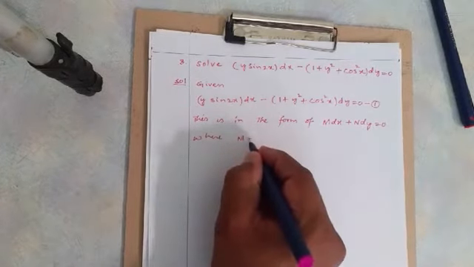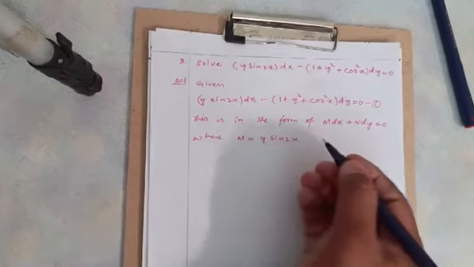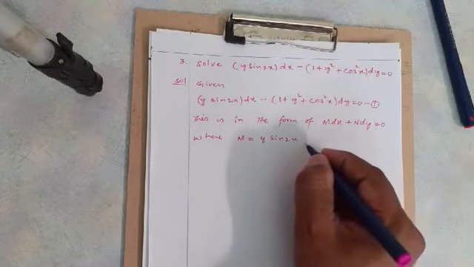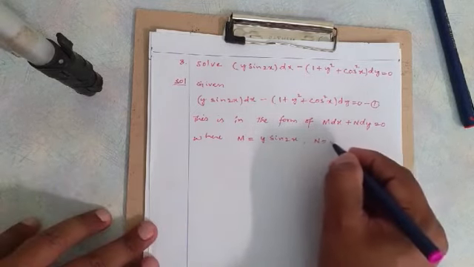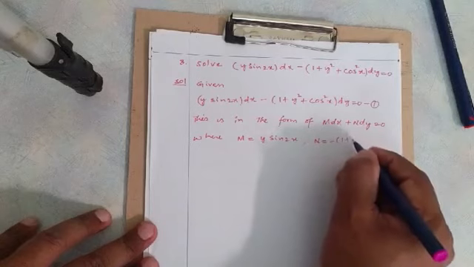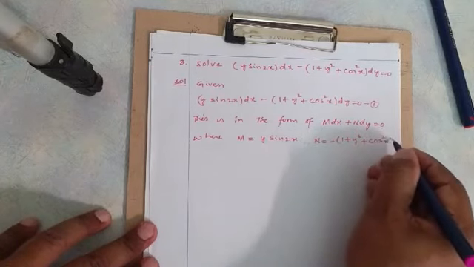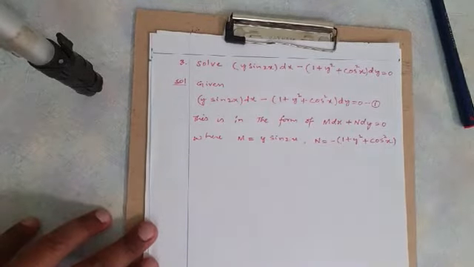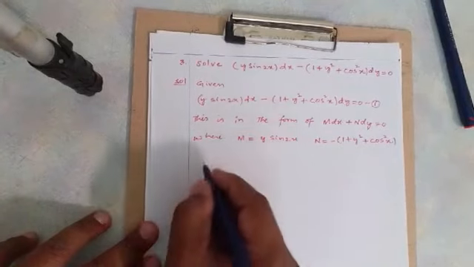capital M is equal to y sine 2x. In the same way, capital N is equal to minus 1 plus y square plus cos square x. After that we have to differentiate this with respect to y.